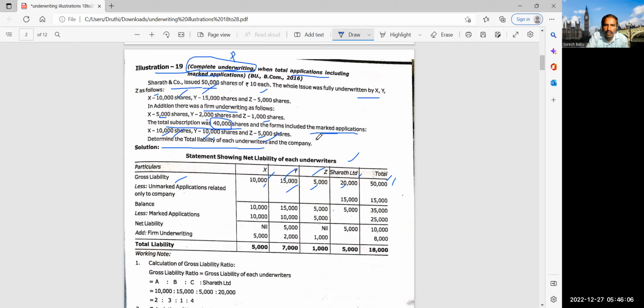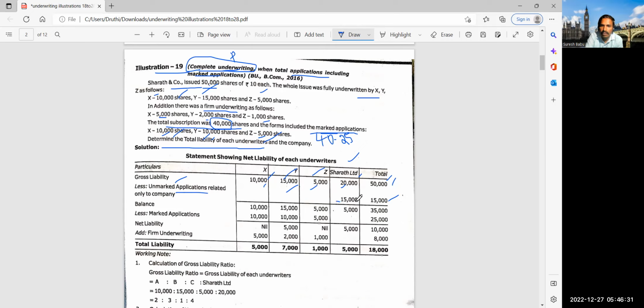So 40,000 total applications minus 25,000. How much is the difference? 15,000. 15,000 is what? Unmarked applications. Since it is partial underwriting, first credit is given to the company, not to the underwriters.